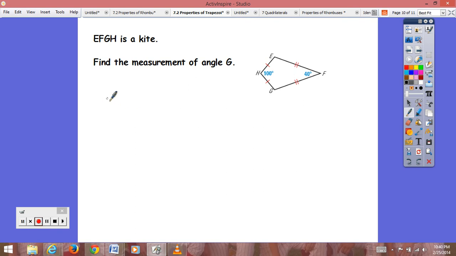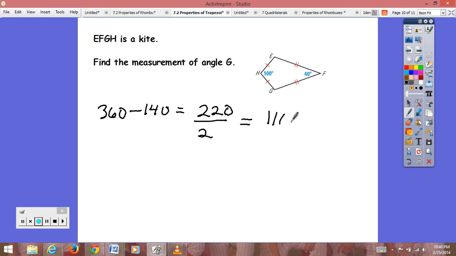So to find the measure of angle G, first we subtract 100 plus 40 from 360, so 360 minus 140 gives us 220. And if these two angles are congruent, that means they're the same measure, so we will simply divide by 2 to give us 110 degrees equals angle G.